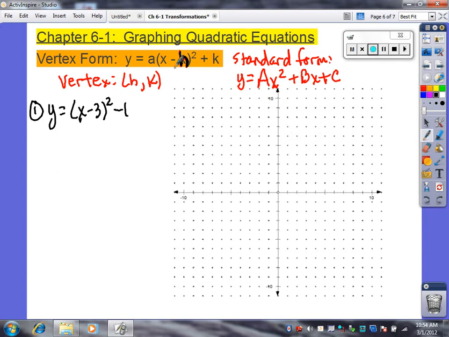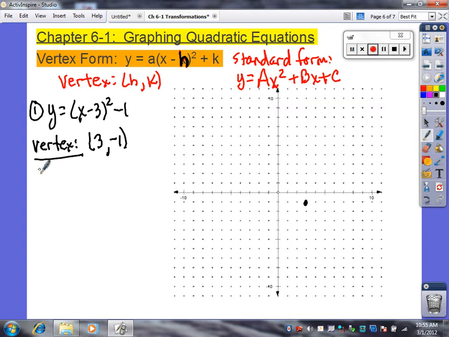Let's do the vertex, because that's actually the easiest. The h here is minus 3, so the vertex is 3 and -1. We have that right away, so we can graph the 3 and -1 on regular paper, no big deal.